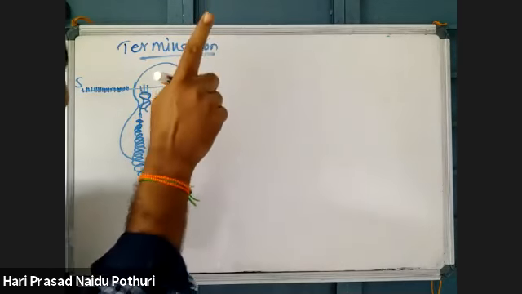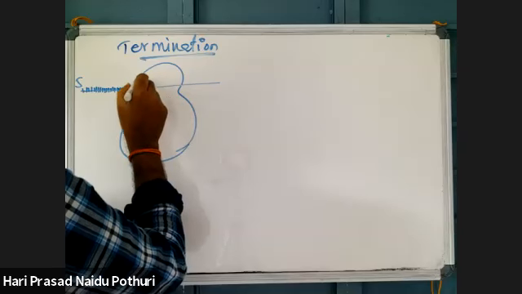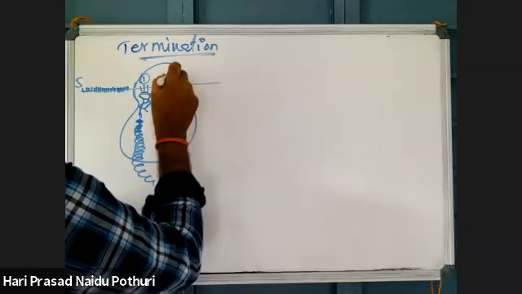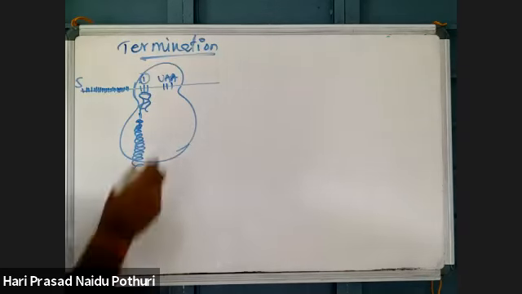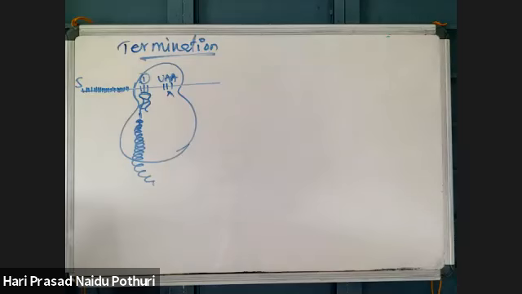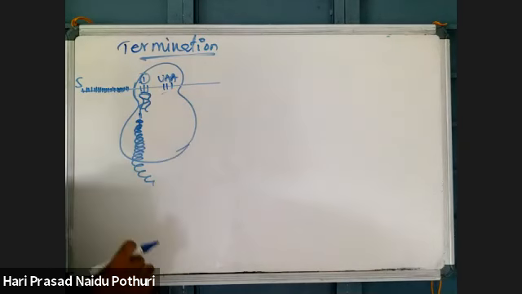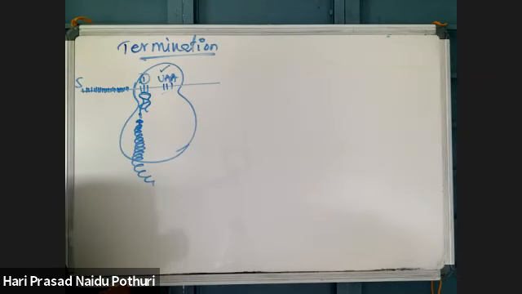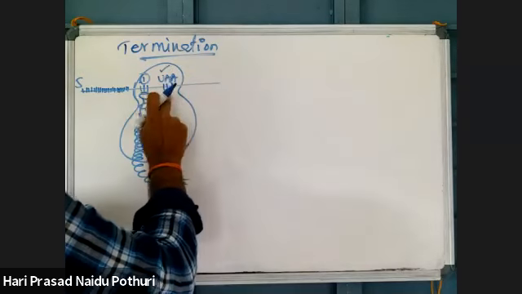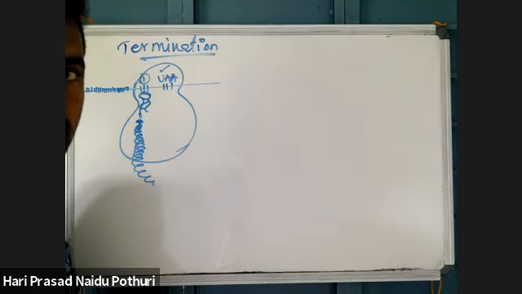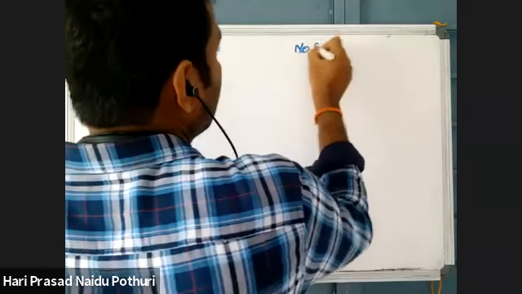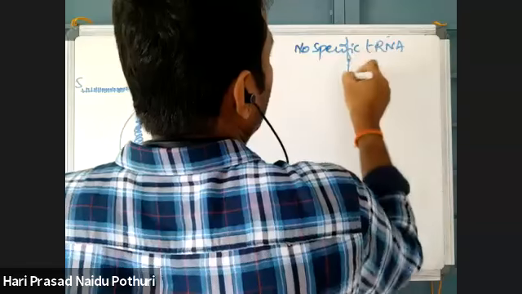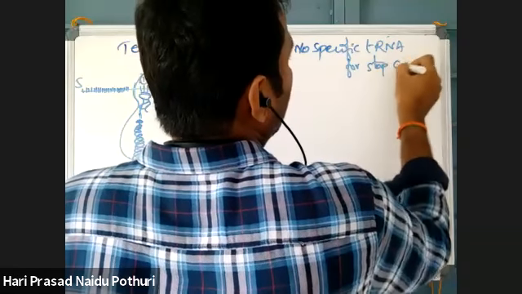This is after the translocation step. Okay, here suppose a codon is there. Next, suppose UAA or UAG, UGA, a stop codon came here. Normally, to the genetic code present here, there should be binding of another tRNA that will bring an amino acid. But there is no specific tRNA for stop codons.